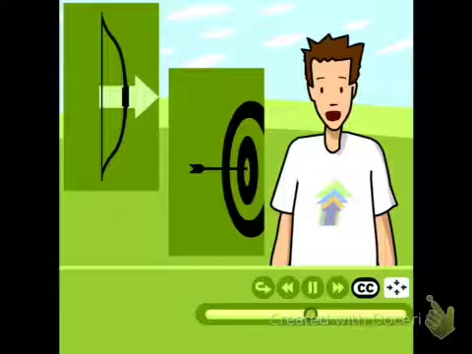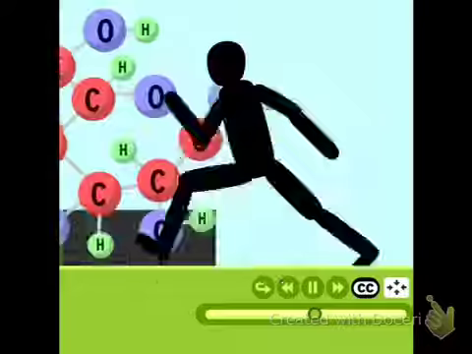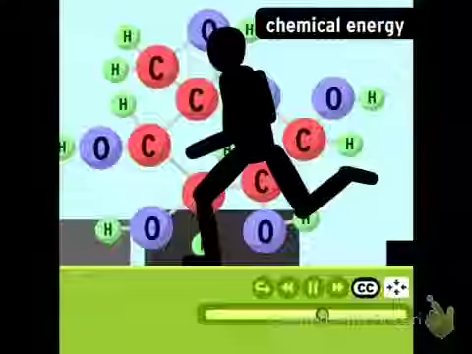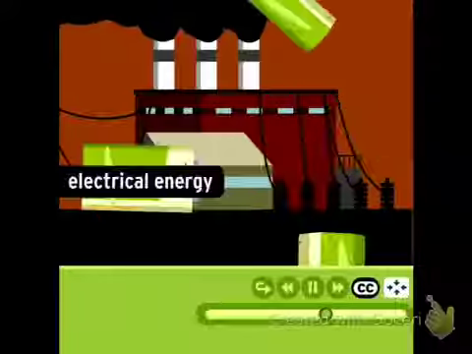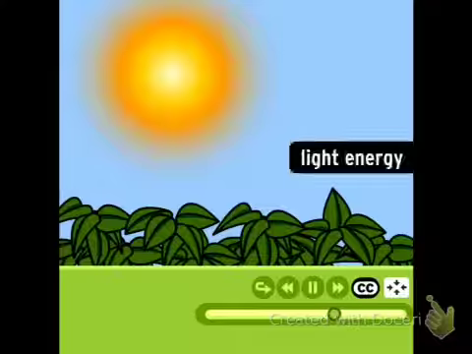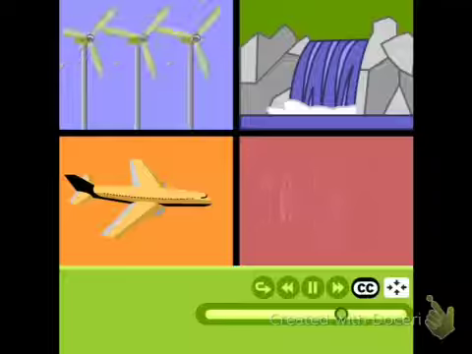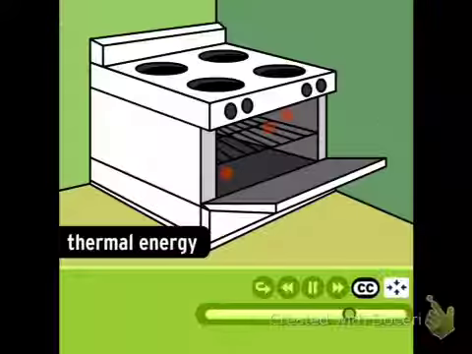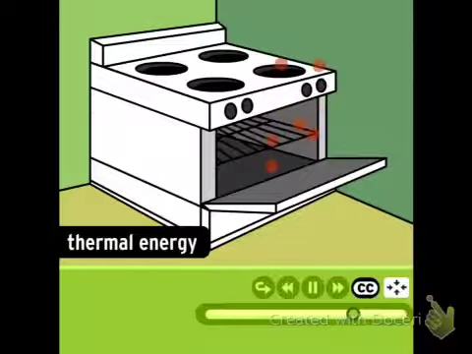Energy comes in a bunch of different forms. There's chemical energy stored in food that your body uses to walk, run, and lift things. Power plants and batteries provide us with electrical energy. The sun is our major source of light energy. Wind, moving water, airplanes, and sound waves all have mechanical energy. Vibrating atoms cause heat, and that makes thermal energy.